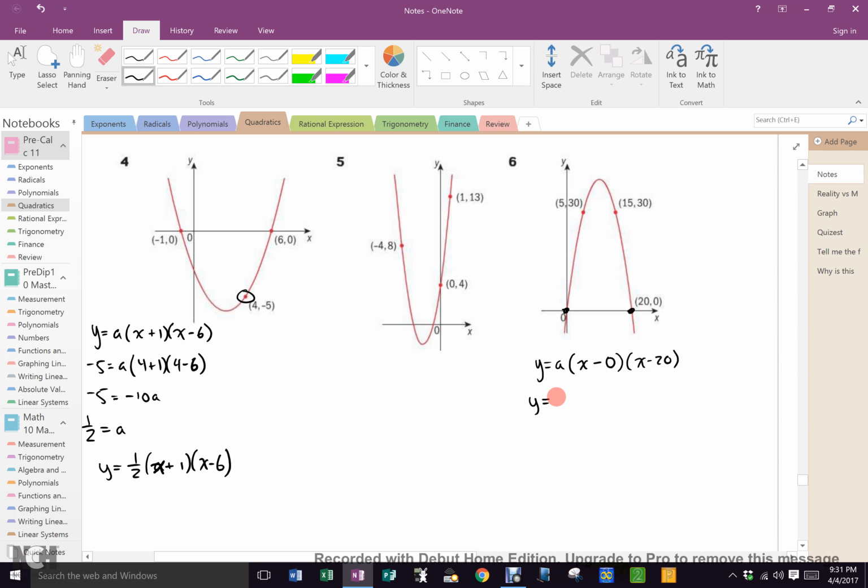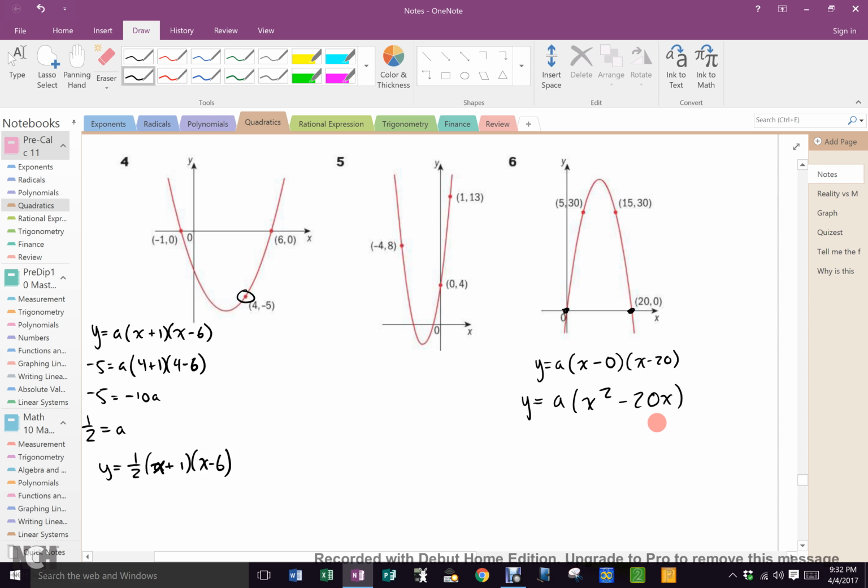So y really equals a times x squared minus 20x. So ax squared minus 20x equals y.